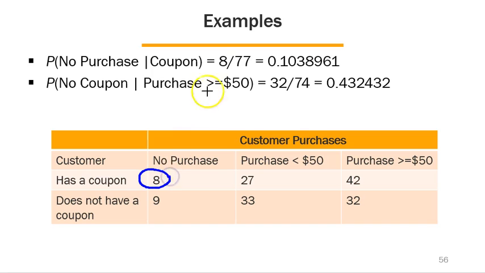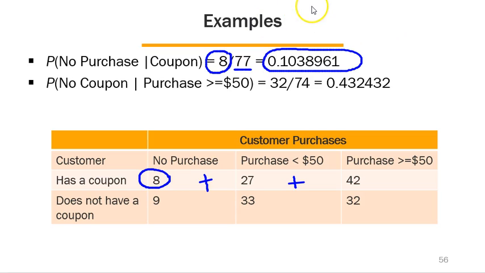This was the intersection. And then the 77 is coming from adding the 8 plus the 27 plus the 42. Adding those up gives us the 77 that we see there, and then we can punch that in a calculator to get this value here.